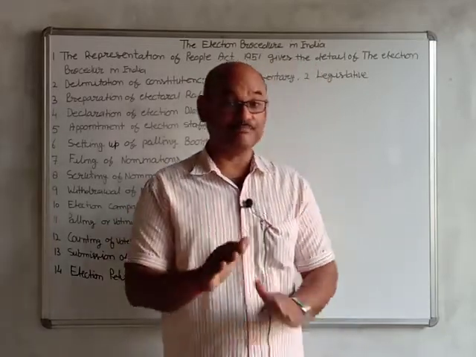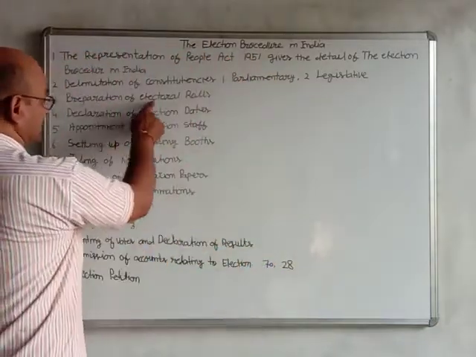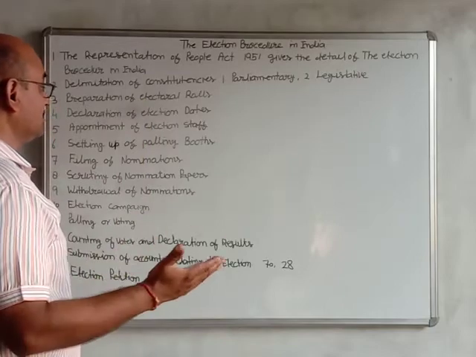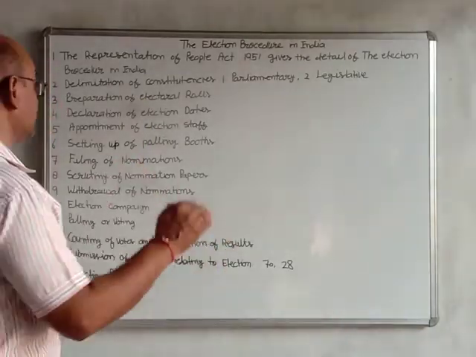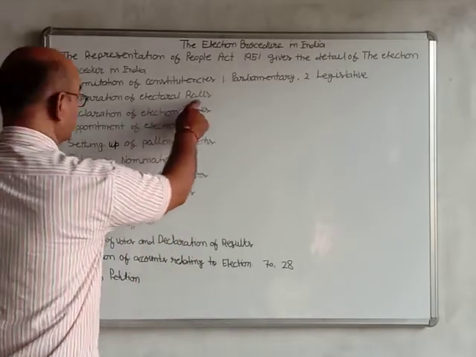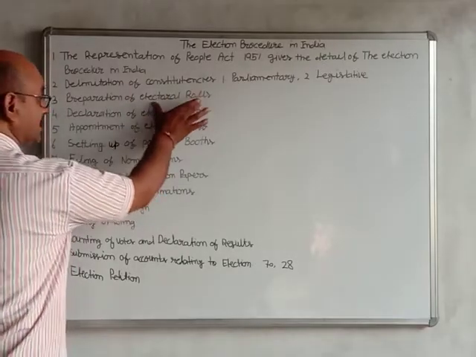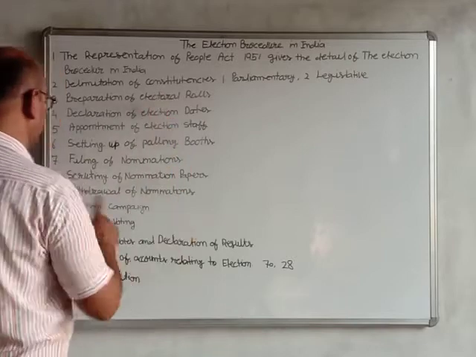Under them they make the electoral rolls. Electoral rolls means the voting list, describing how many people will cast votes in this election. The second step of the election in India is the preparation of the electoral roll.